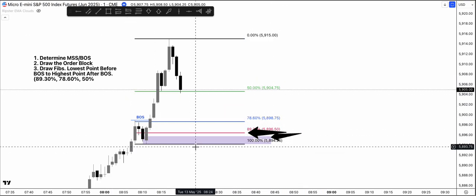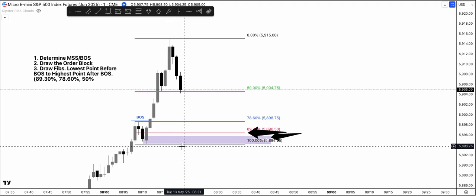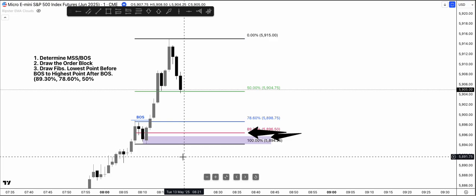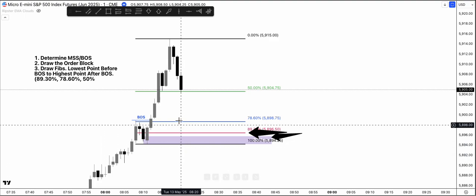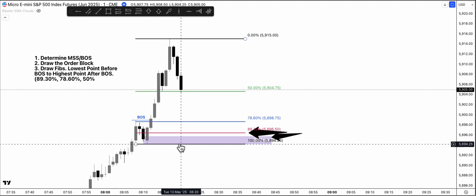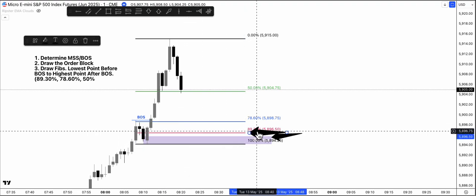My stop loss will be a close below this black line. Or if you have a set fixed price, let's say you want to risk $100 or $200 in futures, whatever it is, you might want to set a fixed stop loss, and that will be your stop loss. My preference is usually a close below the black line. That is how the Jedi model works.